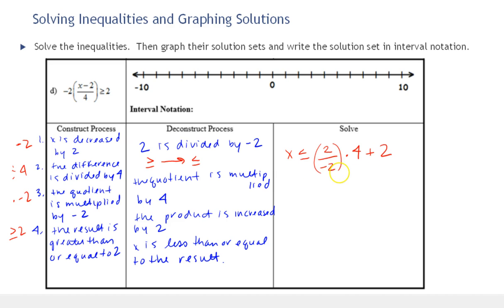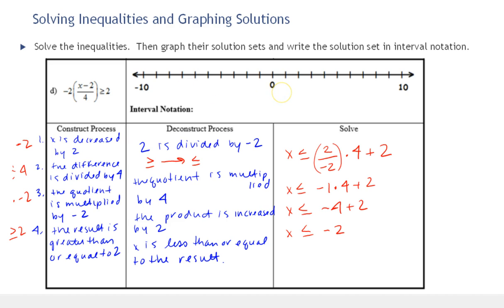So now we can compute this. First, 2 divided by -2 is -1 times 4 plus 2. And then we multiply. -1 times 4 is -4 plus 2. And finally, -4 plus 2 is -2. And I'll leave it as an exercise for you to do this using the process of inequality.